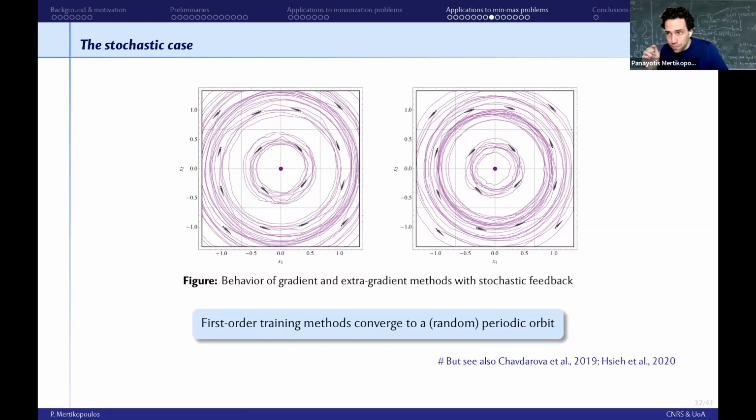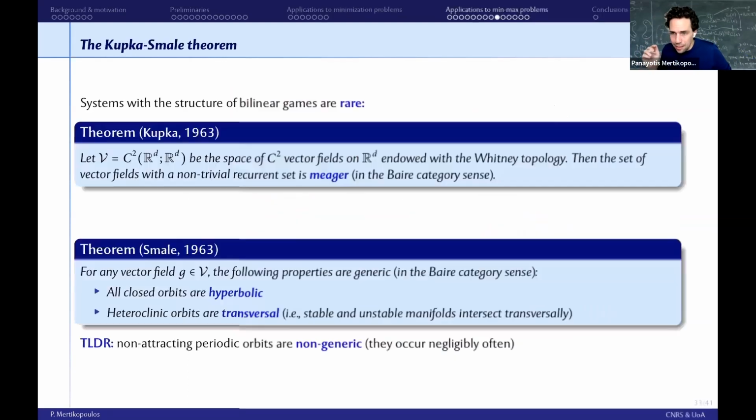What is this issue? Well, I'm going to skip this more technical slide because it concerns the fact that bilinear problems are, in the range of min-max problems, somehow very rare.